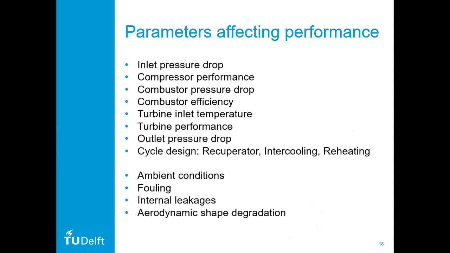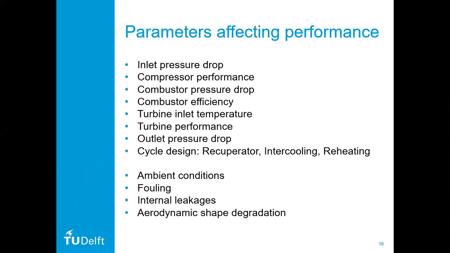And like I said, there are a number of parameters affecting the performance. First of all, you have the inlet pressure drop, and the compressor performance, which is mainly the isentropic efficiency, compressor pressure drop, and the compressor efficiency. Then the combustor heat loss, either incomplete combustion or heat loss to the environment. Very important is the turbine inlet temperature, the turbine performance, outlet pressure drop, and of course the pressure ratio, and design parameters.